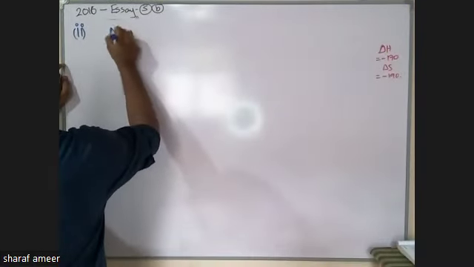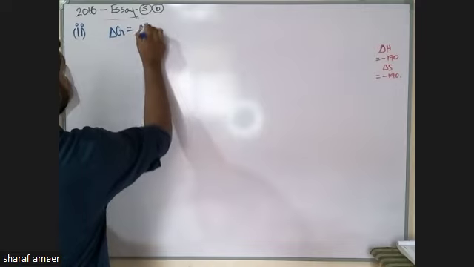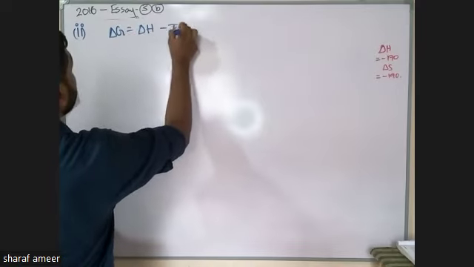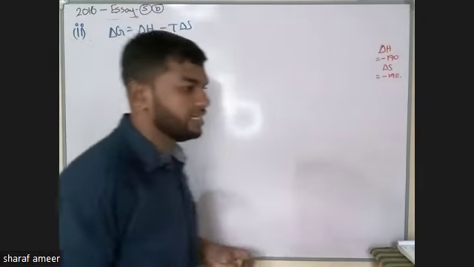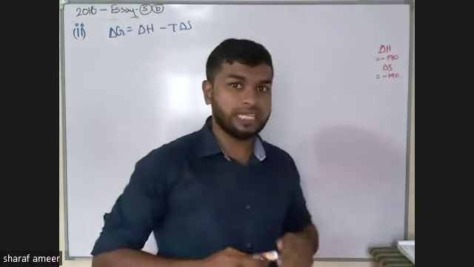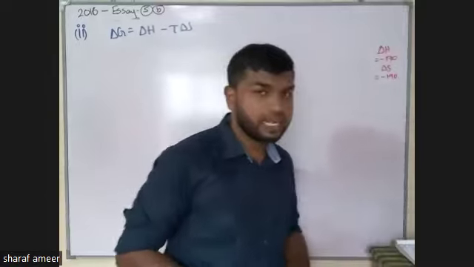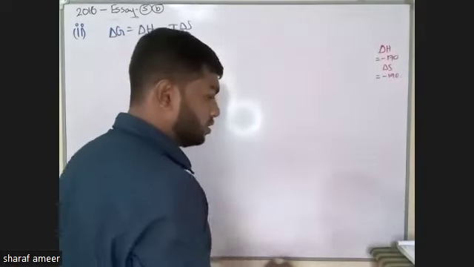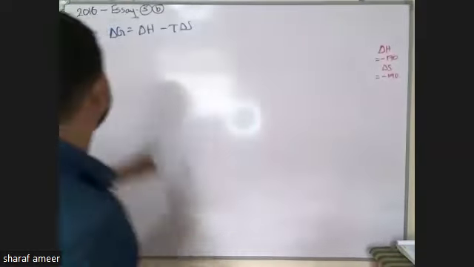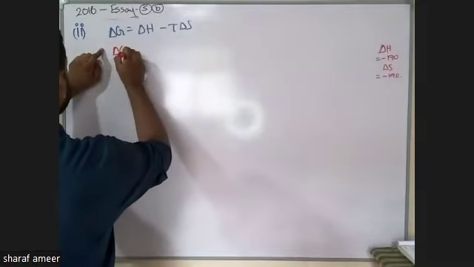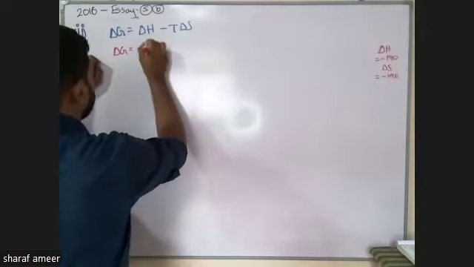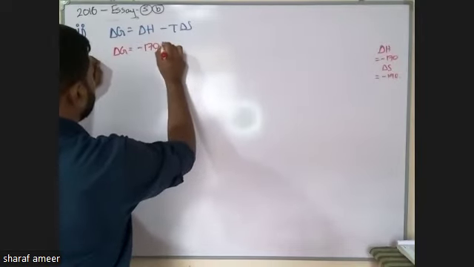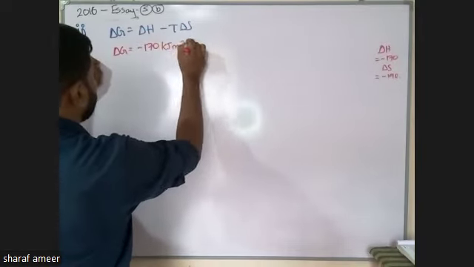So delta G is equal to delta H minus T into delta S. I didn't use theta here because they have already said in the question that they are not in the standard states. So delta G is equal to, now the enthalpy was 170 kilojoule mole minus 1.